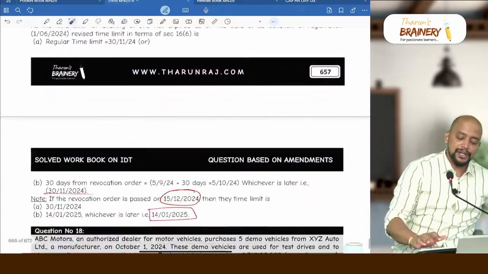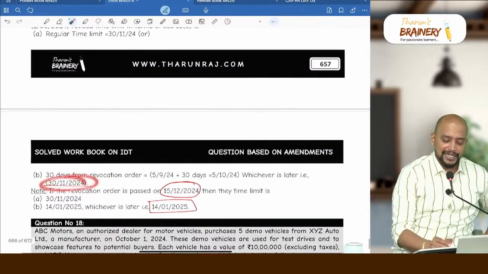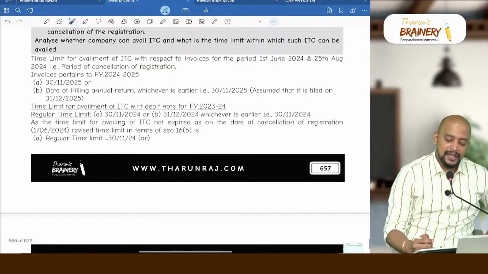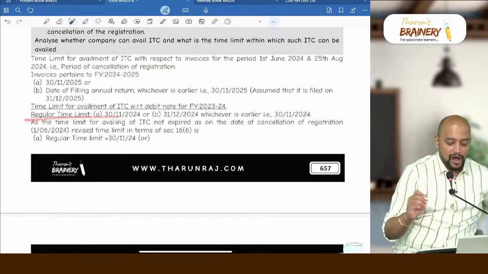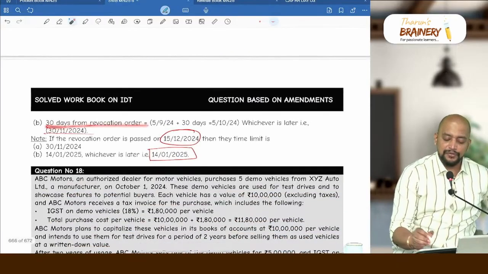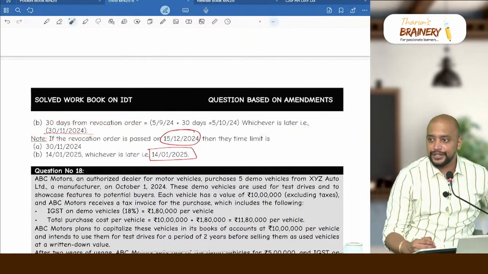So the regular time limit is only later. So 30th November 2024 only will be taken. Is it clear here? So the regular time limit or the 30 days from revocation order, whichever is later, that is 30th November 2024.